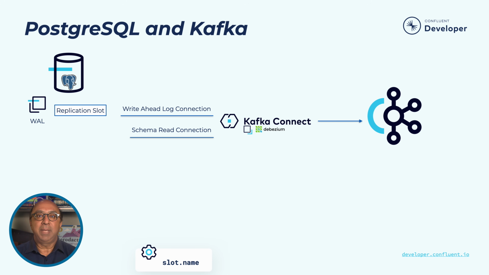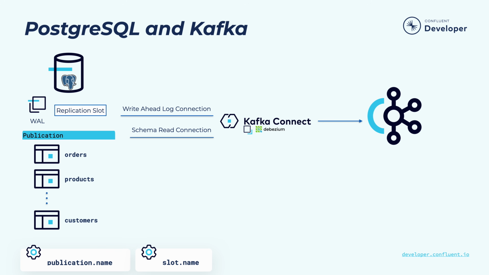The slot has a name, and essentially it's Postgres' way of making sure that it doesn't flush entries in the write-ahead log that still haven't been read by Debezium. The other bookkeeping piece that Postgres needs is which tables should it monitor for updates and send those over to Debezium, and that is known as a publication.